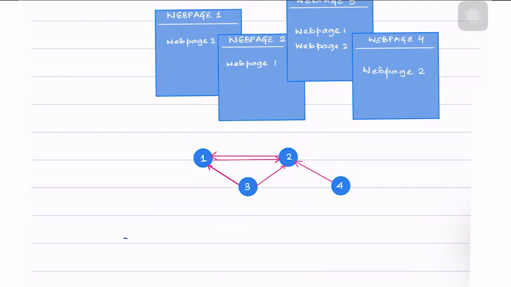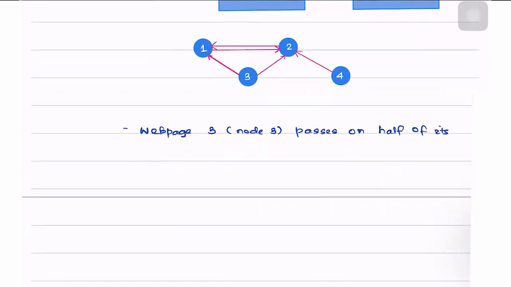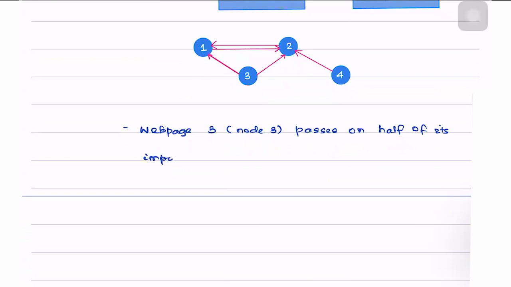We say that web page 3 or node 3 here in our case passes on half of its importance each to nodes 1 and 2 in this particular example.